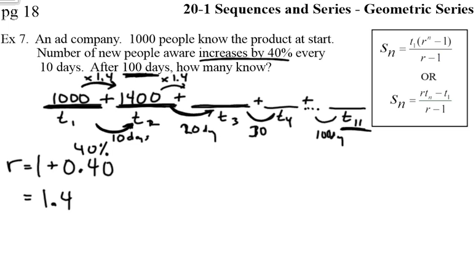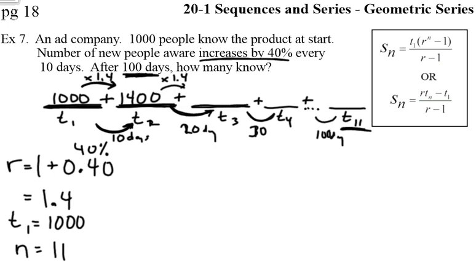So what do we know? We know that R is 1.4. We know that term 1 is 1,000 people. We know the number of terms is 11. It's term 11 that we want to add all together. There's the information. Which formula?